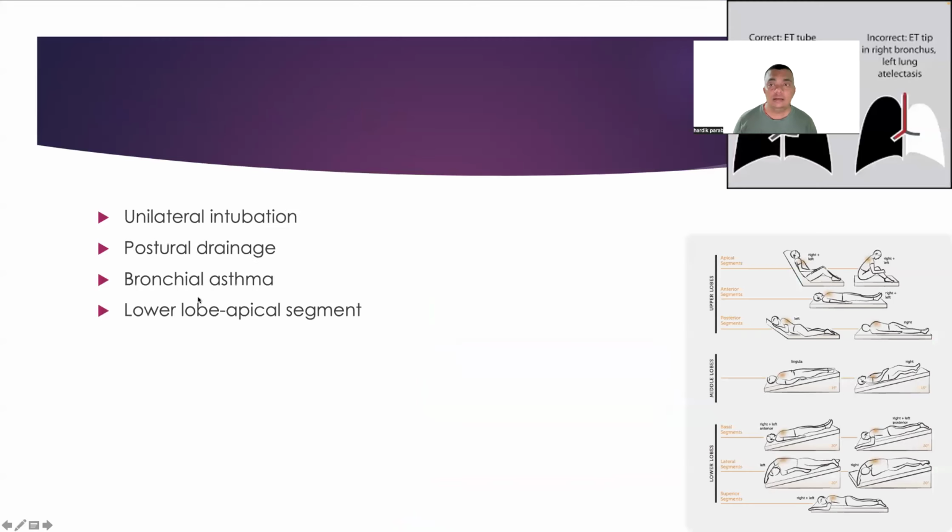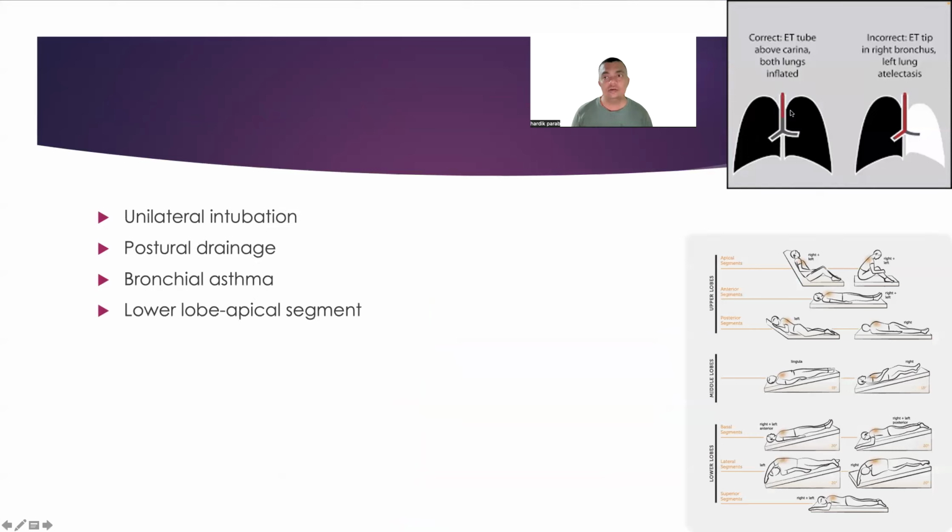Another thing, as I told you about unilateral intubation, which happens because the right primary bronchus is quite straight compared to the left one. That's why if you are inserting the endotracheal tube, it should be at a particular length. But without considering that length, if you push it further inside the trachea, it can go into the right primary bronchus, and there it can cause only unilateral ventilation.